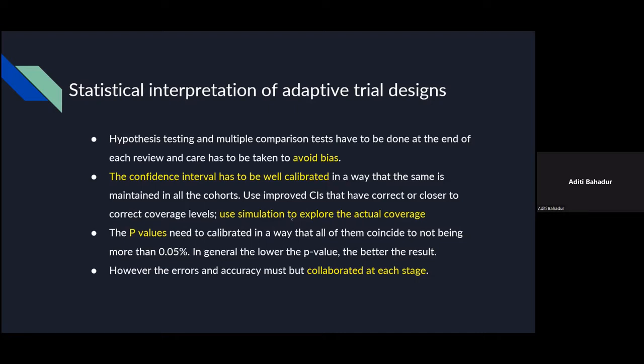The standardized confidence interval that we take is 95%. That means there should be only 5% deviation in the trials that we have conducted. And this can be very difficult because we are doing multiple comparisons.